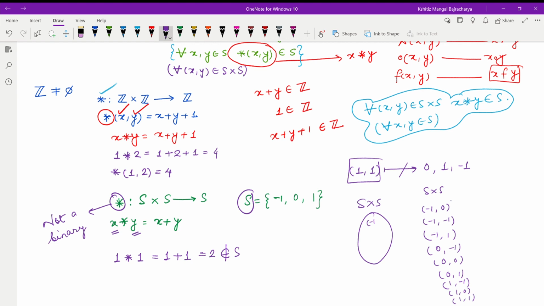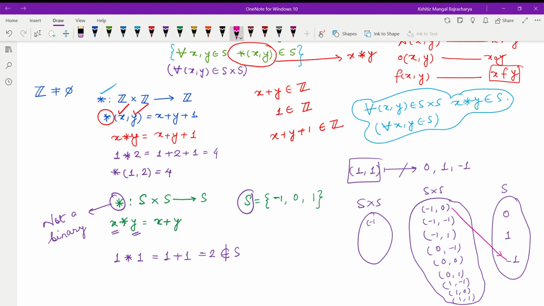Here we have S, and here we have S. So this is basically just a relation, with 0, 1, and -1. Now if we add the two elements, this gets paired, this does not get paired, and so on, but this one does not get paired.